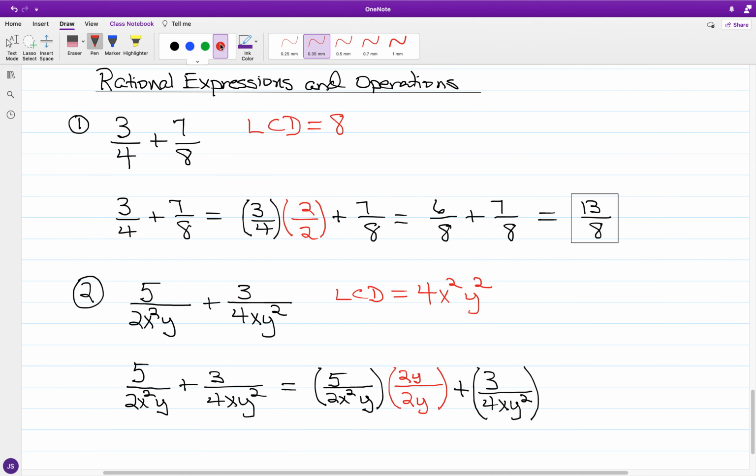Okay. Now 4x, y squared relative to the least common denominator. Okay, there's a slight adjustment here. Now, we already had the number 4. Now, x will go into x squared, x times. And we already have y squared.